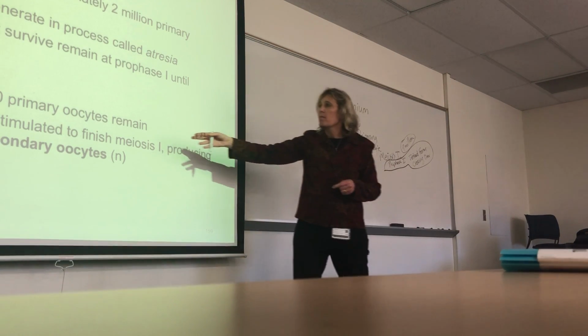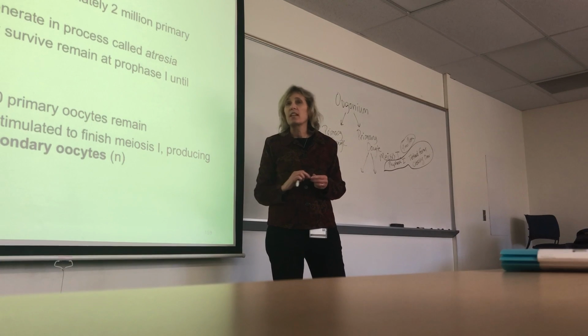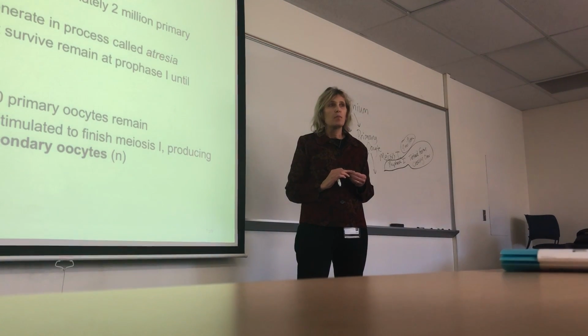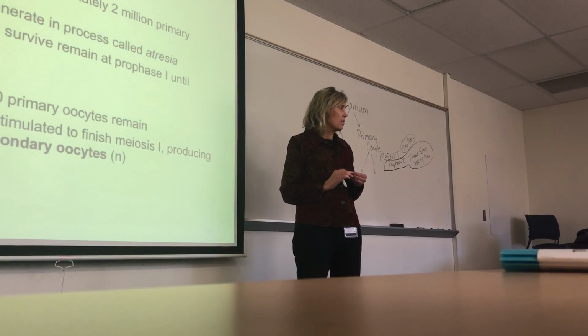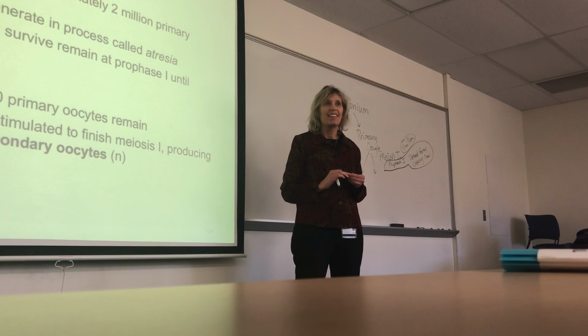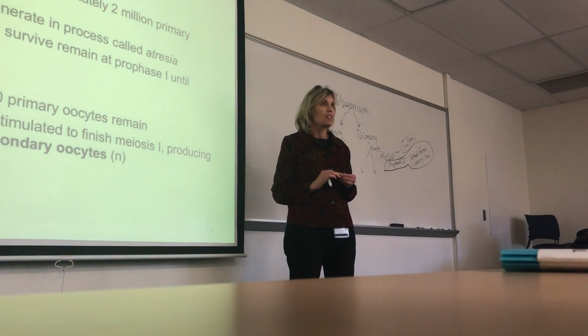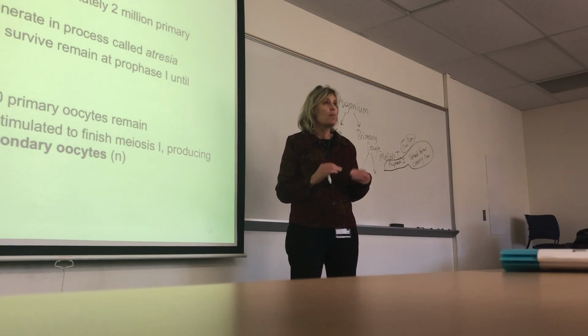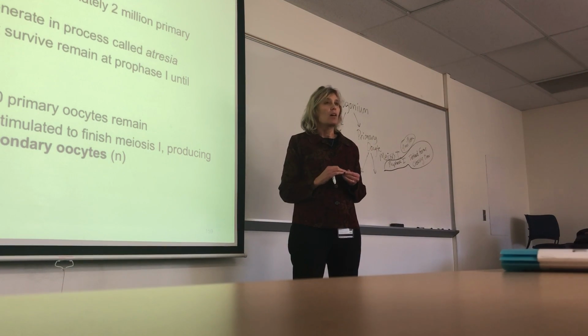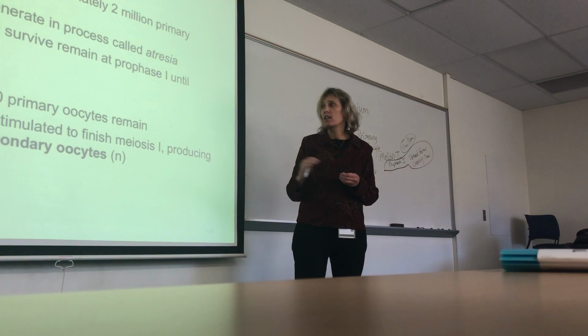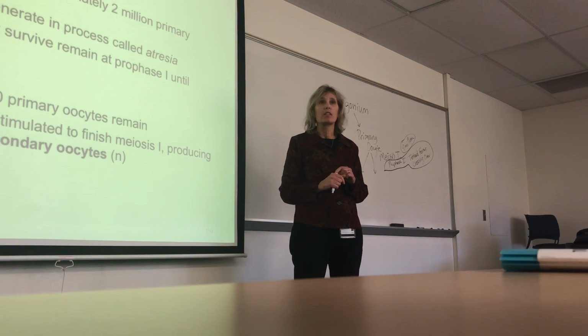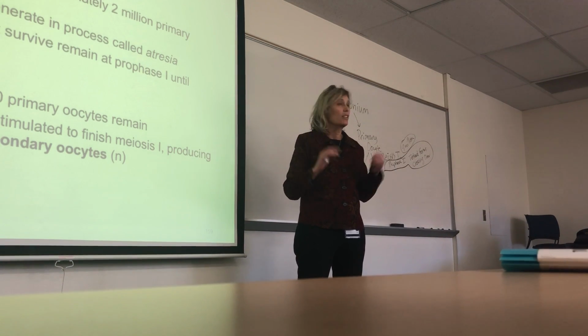By puberty, they keep degenerating. She'll only have about 400,000, because she's not going to end up with more than, what's the most amount of kids anyone's ever had? 16, 18, you know? She's not going to need all those 400,000 primary oocytes, all right? But that's what she will end up with by the time puberty comes. Many of those will have degenerated to the point where she has only 400,000.